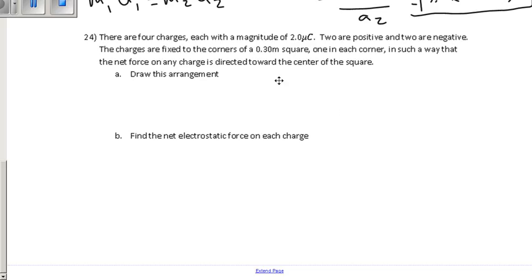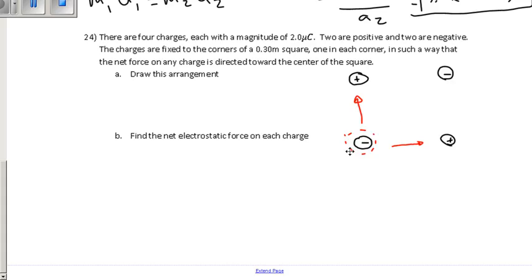It's fairly obvious that as we take a look at this, we have to alternate. So we're going to have a positive, and then a negative, and then a positive, and then a negative. If you think about it from this charge's perspective, it's being pulled this way and being pulled this way from opposite ends of a square, so they're equidistant apart.